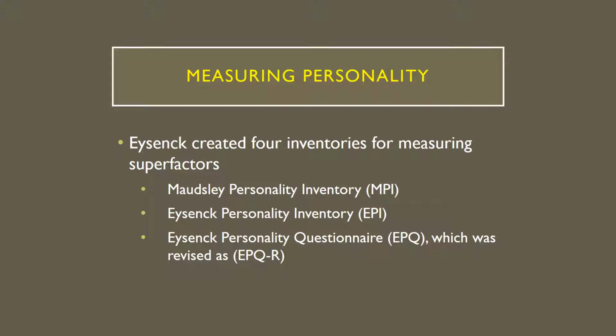The EPI contains a lie scale to detect faking, but more importantly, it measures extroversion and neuroticism independently, with a near zero correlation between E and N. The EPI was still a 2-factor inventory, so consequently Hans and Sybil Eysenck published a third personality test, namely the Eysenck Personality Questionnaire, EPQ, which included a psychoticism, or P scale. Subsequent criticisms of the P scale led to yet another revision, the Eysenck Personality Questionnaire Revised.